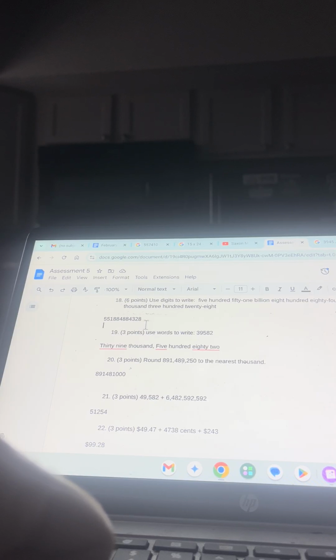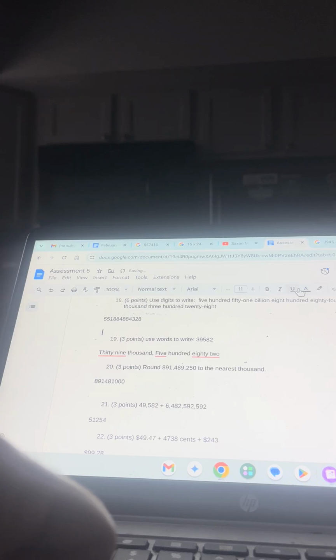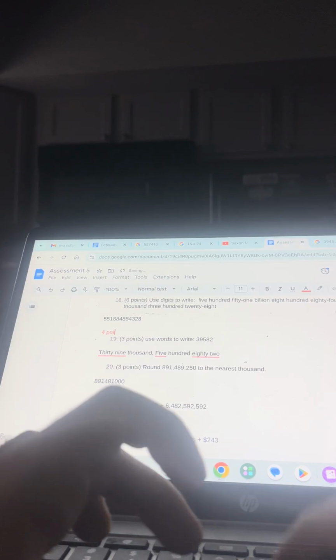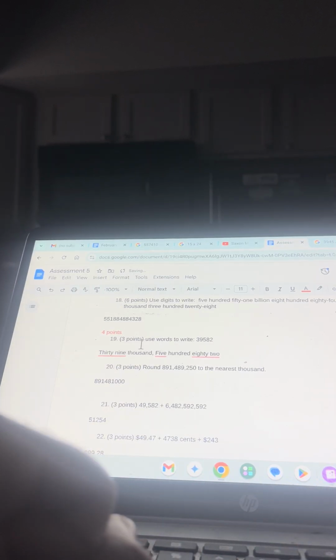So yeah, there should be zeros right here, right? Because I don't see millions anywhere, right? So you should have zeros in the millions place. And if you read this number, it's not going to match this one, right? So you didn't get full credit, but you got partial credit because part of it's right. So you got 4 points for that one.